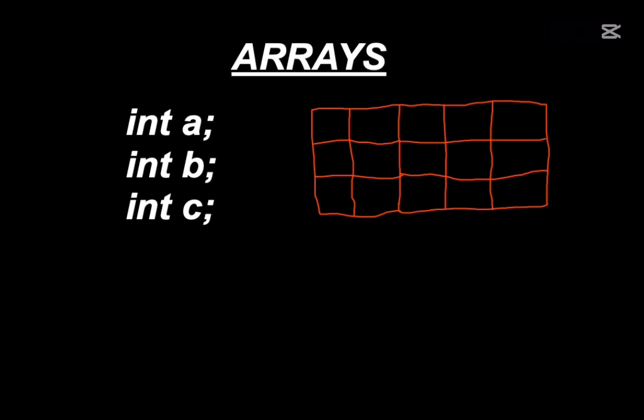Arrays are blocks of memory that are next to each other, and I'm going to explain why they have to be next to each other. First of all, instead of creating different variables, we can make one variable that is going to store all the data.